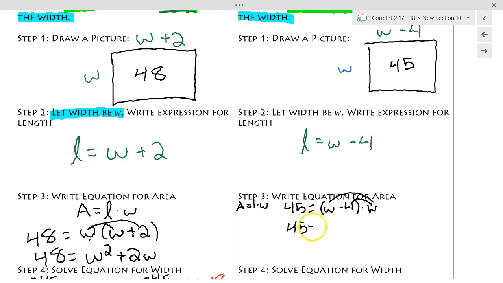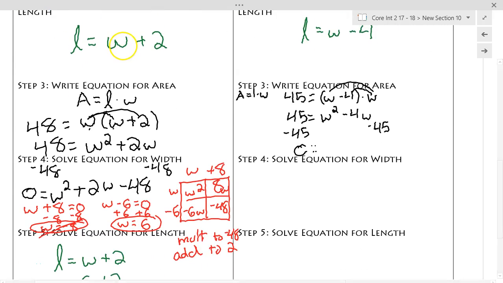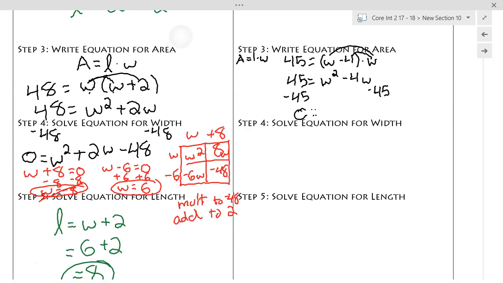So 45 equals W squared minus 4W. Getting it equal to 0, I'm going to subtract 45 from both sides. So 0 equals, let me move this up a little bit, it doesn't want me writing in the bottom of my board. 0 equals W squared minus 4W minus 45.